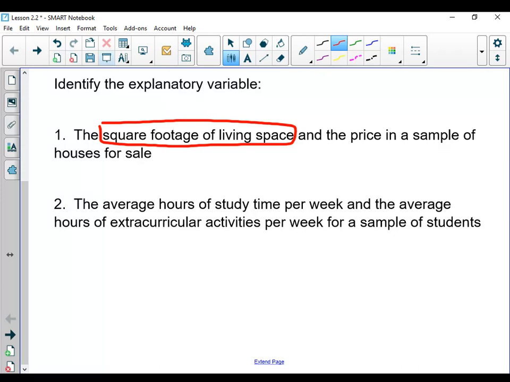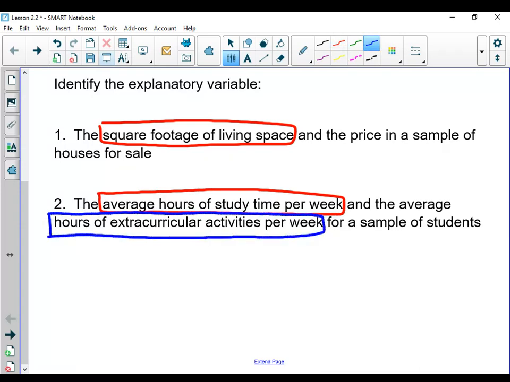Could I go the other direction? Yeah, maybe I have a lot of extra homework, a lot of extra stuff I have to do, and that's my priority, so now I cut down on some of my extracurricular activities. So this is an example where you couldn't go wrong, because you could probably convince somebody that this is the explanatory, and someone else might be able to convince somebody that this is the explanatory.